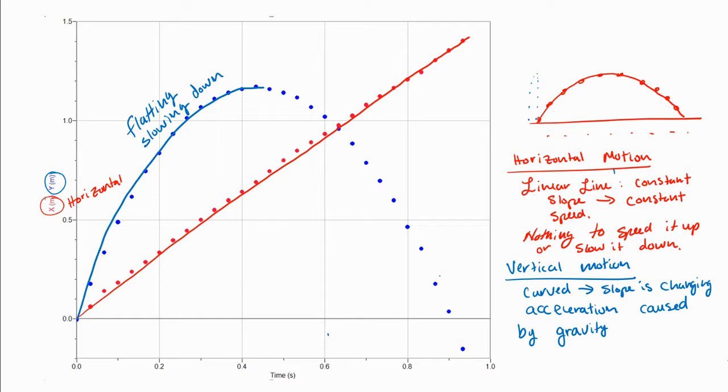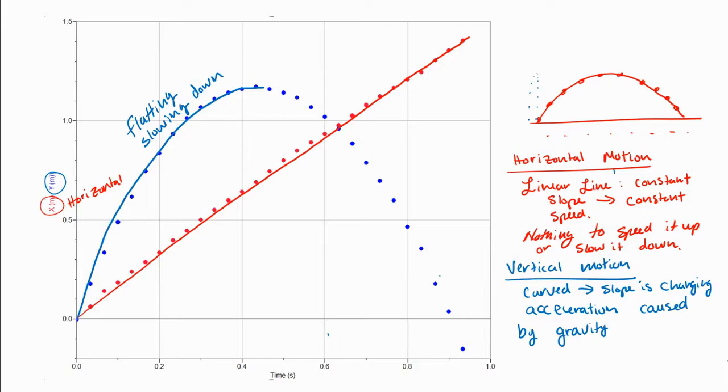It's going to cause it to slow down on the way up and speed up on the way down, because we always have a downward acceleration. Gravity's always pulling things down. So the important thing to note about all of this is that we have to treat horizontal motion differently than vertical motion, because vertical motion has acceleration and horizontal motion does not. So we have to keep them separate.